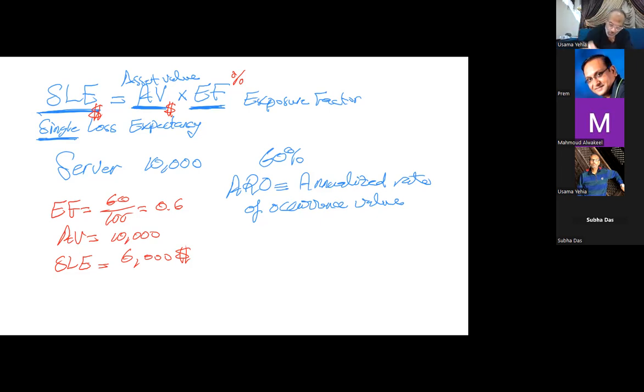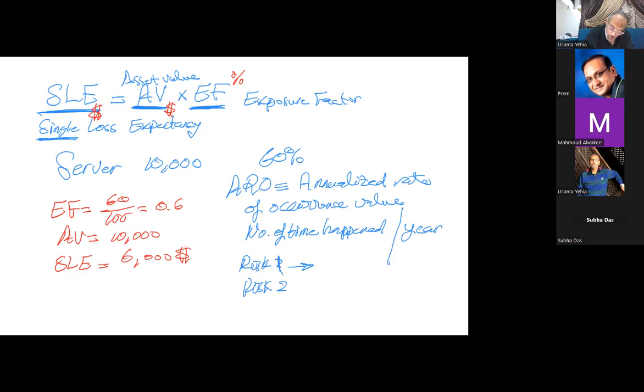What is the definition? Number of times happened per year. Suppose that I tell you that this virus will happen once every 2 years. So I have two risks, risk 1 and risk 2.